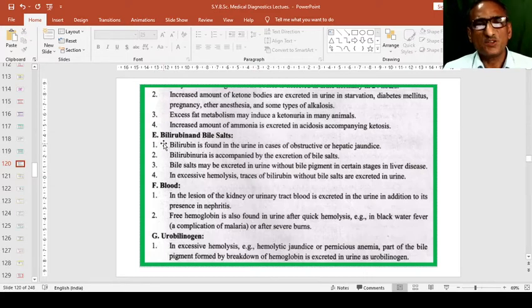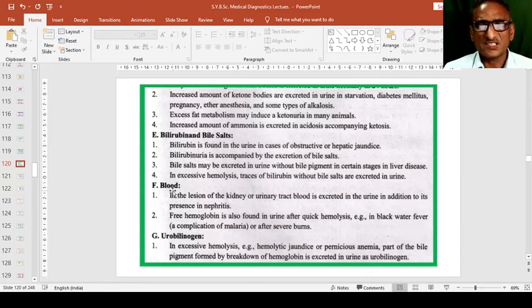Next is bilirubin and bile salts. If they appear in urine, then definitely the person is suffering from an abnormal condition. Bilirubin is found in urine in case of obstructive or hepatic jaundice.